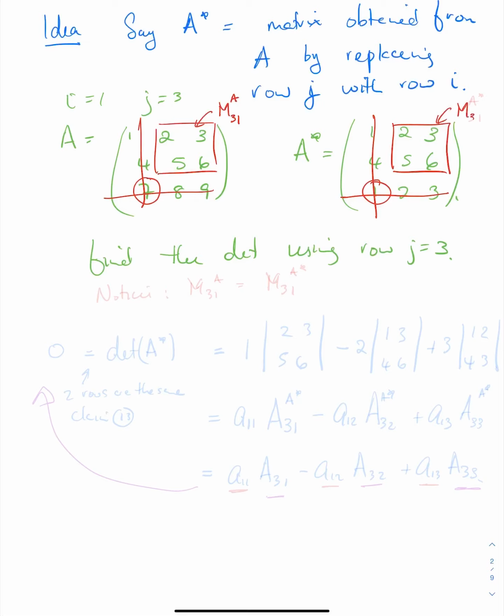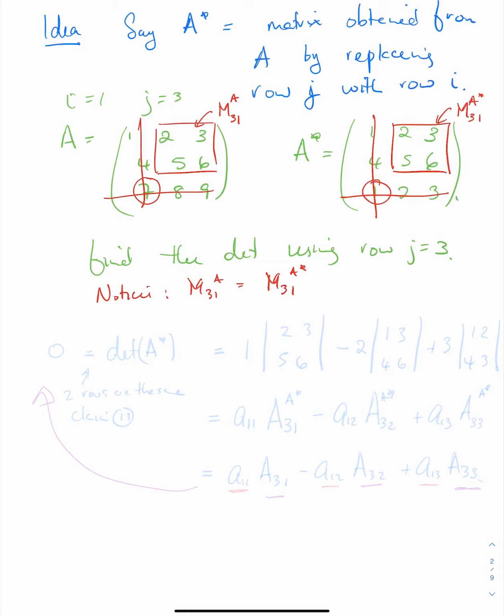This is M31 in A star. And you'll notice that M31 of A is equal to M31 of A star. Same thing for M32 and M33.